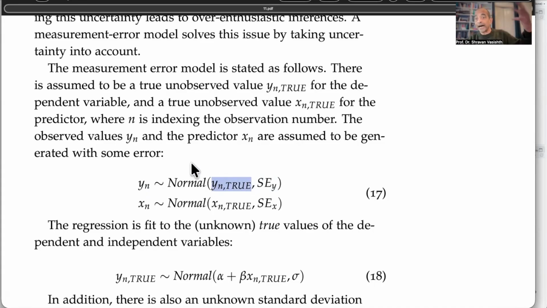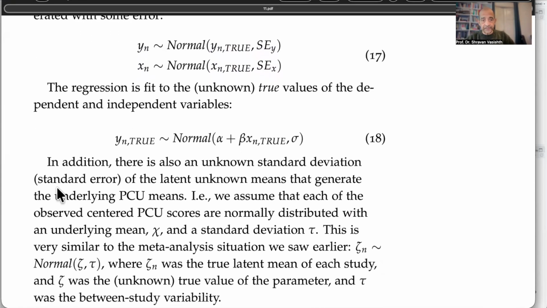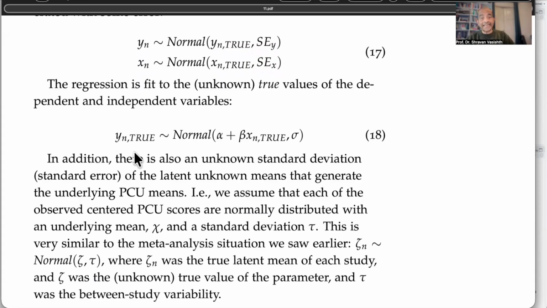This is the true unknown latent reading speed of the subject. And same thing for the PCU scores, which are measured with standard error. There is some true unknown PCU score for that subject. Okay, so that's how this thing is set up, just like the meta-analysis. And so the model that we will fit, the regression model that we'll fit, is on the unknown zeta n equivalent.